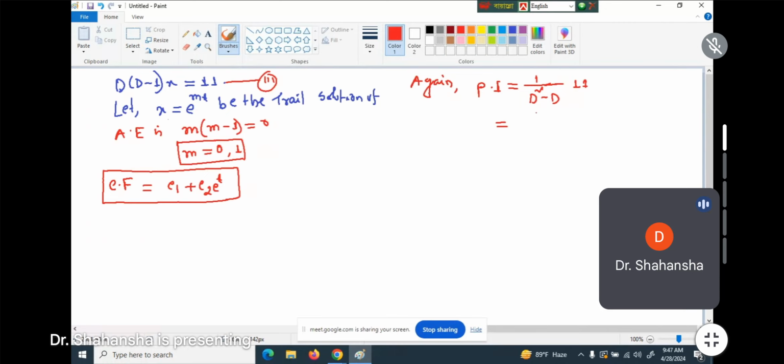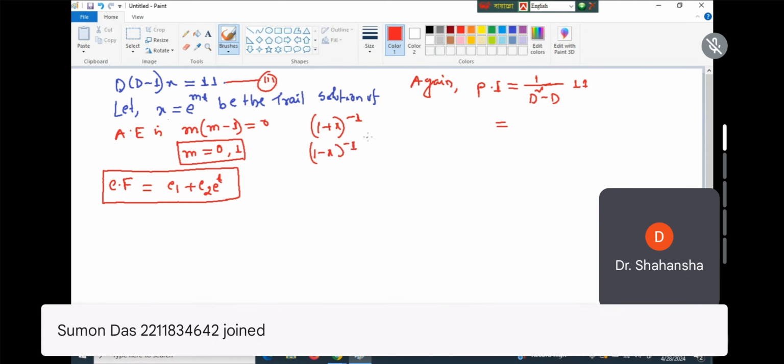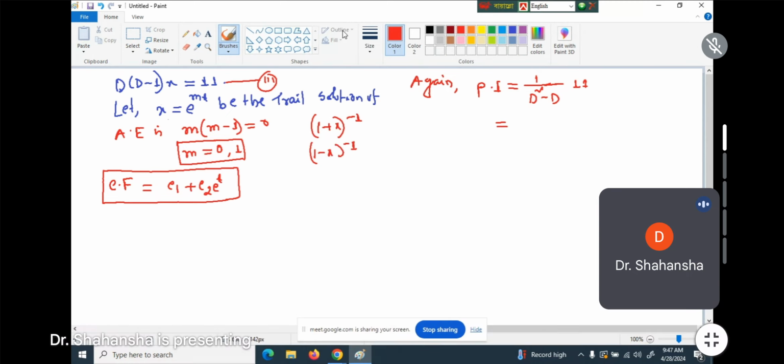So when the right hand side is any polynomial function or constant, use binomial theorems, which is a special form of 1 plus x inverse, otherwise 1 minus x inverse. We can explain it. Are you clear?